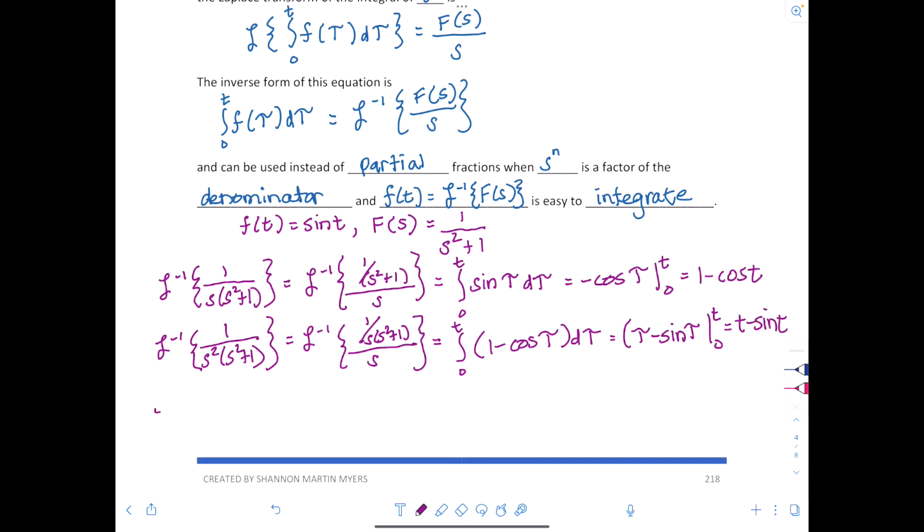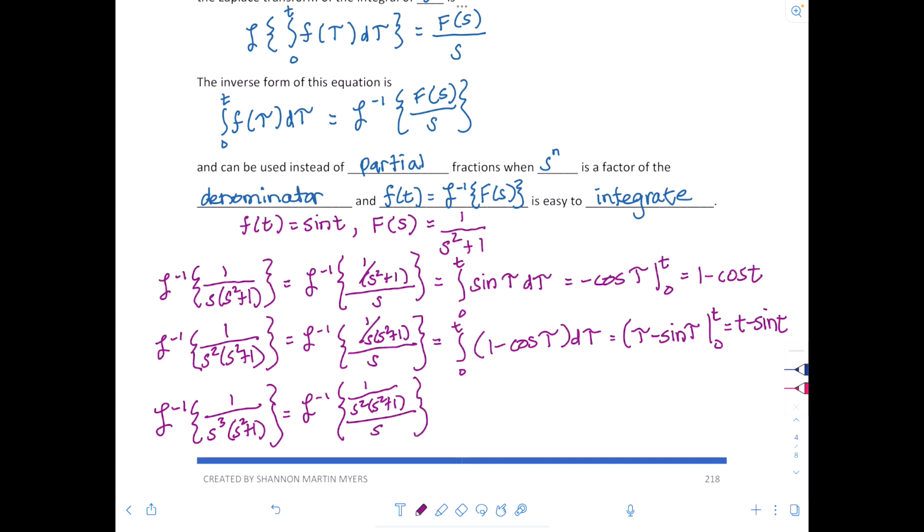And then we'll do one more. Let's say we're finding the inverse Laplace of 1 over s cubed times s squared plus 1. Well, that's going to be what we found last time over s, which is the integral from 0 to t of tau minus sine at tau with respect to tau.